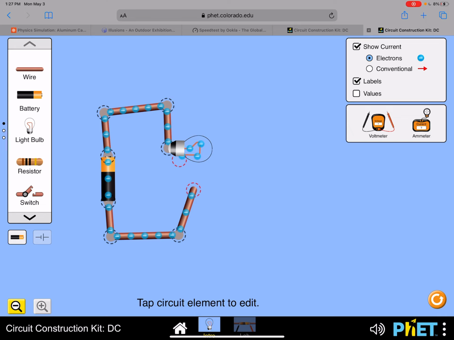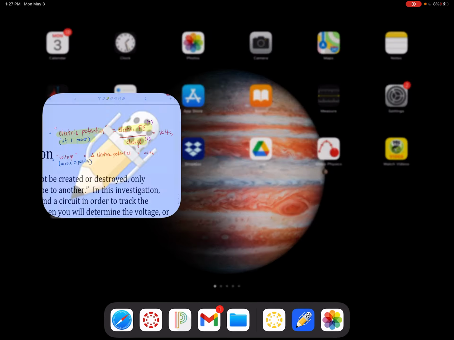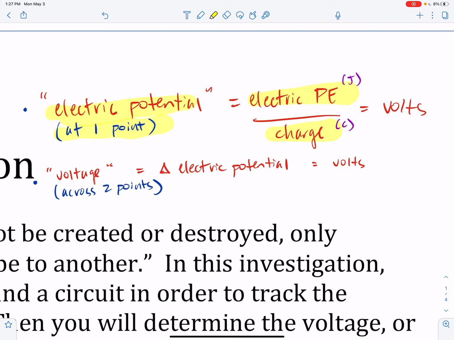This spot has a specific electric potential, defined as the available potential energy per coulomb of charge at that spot. Of course, there would be no electric potential right now because there's no flow, but now there is. So that's electric potential.